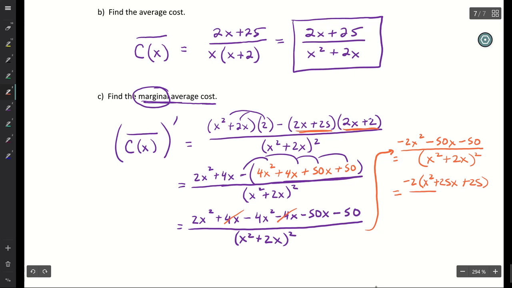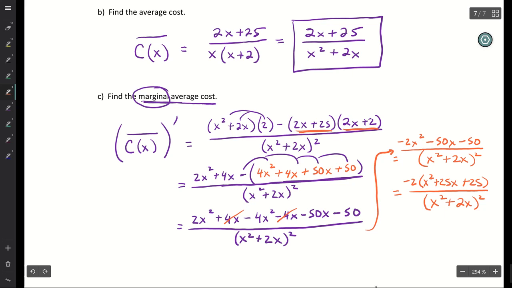And then all of that is over this bottom piece squared. Now at this point we want to look on the inside and see if that trinomial is going to factor or not. Well, we can tell by the numbers on that one that it doesn't factor. We can't find any factors of 25 that will add and subtract to 25. So that's not going to factor.